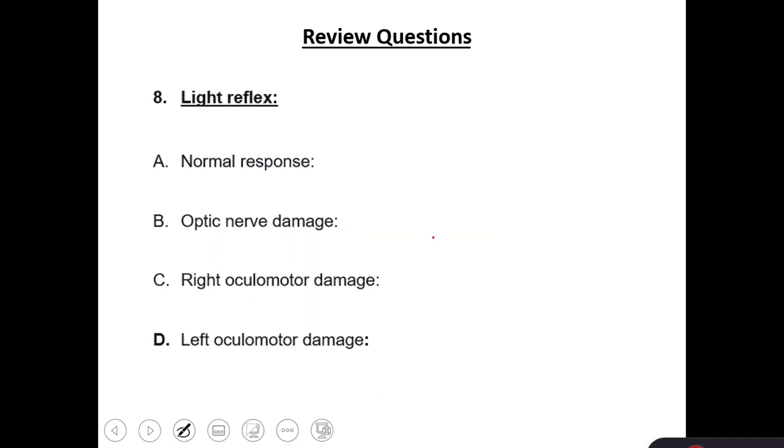Now, some review questions about the pupillary light reflex. So the normal response is constriction of both pupils. When the optic nerve is damaged, what would happen? No constriction of either pupil because the brainstem does not receive any signal to stimulate the oculomotor nerves.